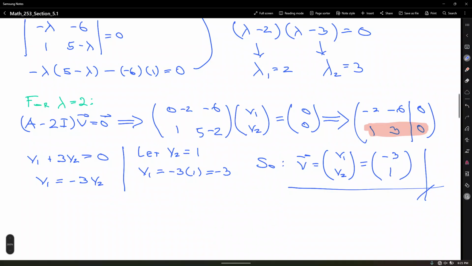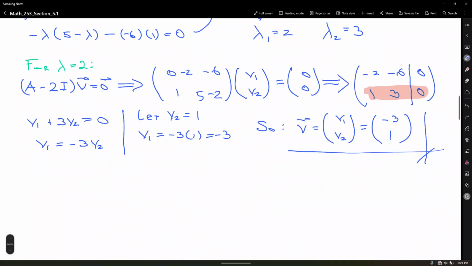The length of the vector doesn't matter. Multiplying a vector by a scalar doesn't change the direction of the vector, it only changes the magnitude, and that doesn't really matter as long as it doesn't change the direction. We're fine. So that was the eigenvector for lambda equals 2.